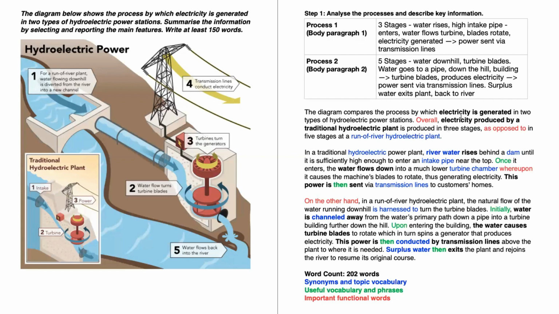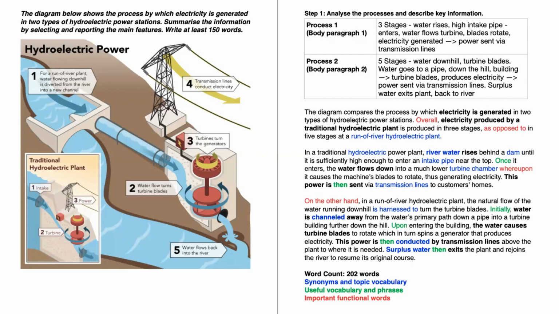So electricity is generated, electricity produced by shows a very clear passive. In this case, we have shown who is doing the activity or what is doing the activity. Then the red, we have important functional words. Overall is great when talking about general themes, and as opposed to is a great linking phrase to show two contrasting ideas. Then run-of-river hydroelectric plant is topic vocabulary, which we saw right here in number 1.